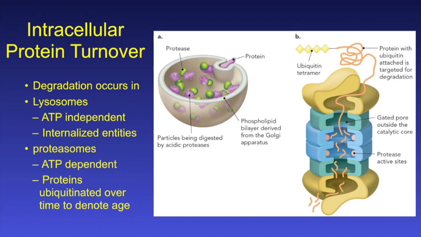What we will use is a mechanism to tell how old the protein is, and then a mechanism to catalytically break it down. And we can do that in an ATP-dependent process.